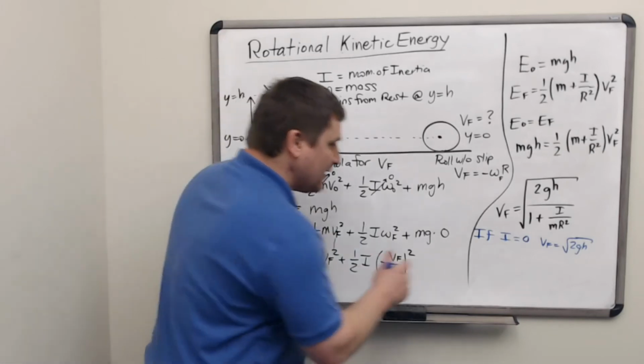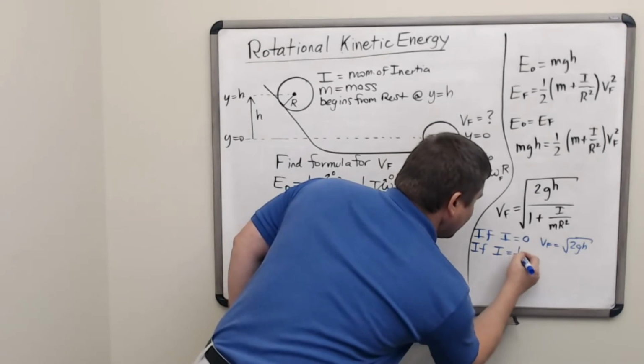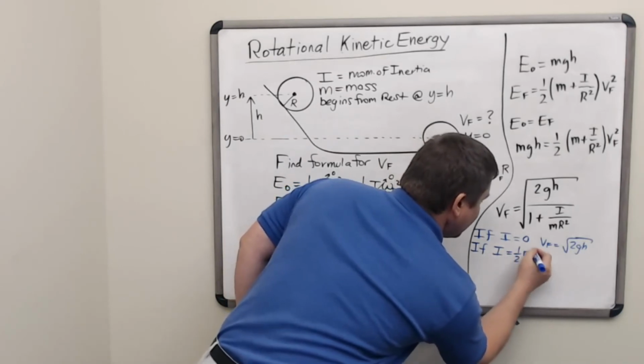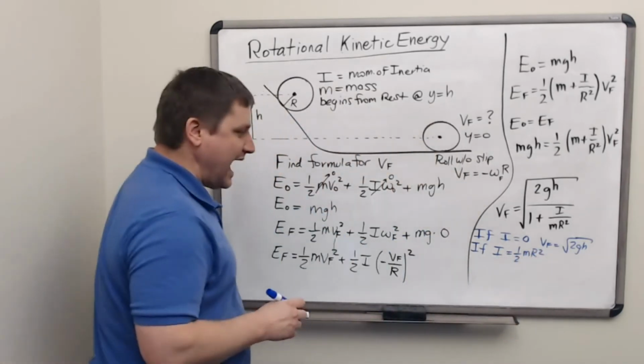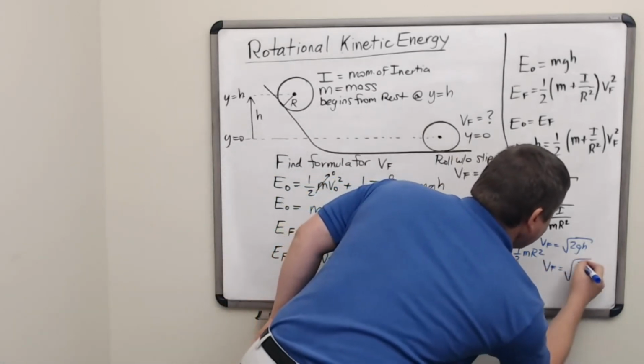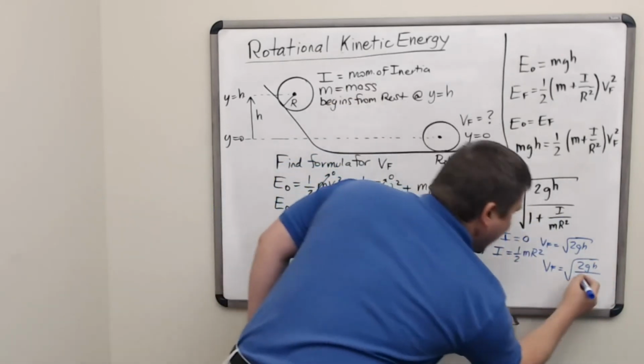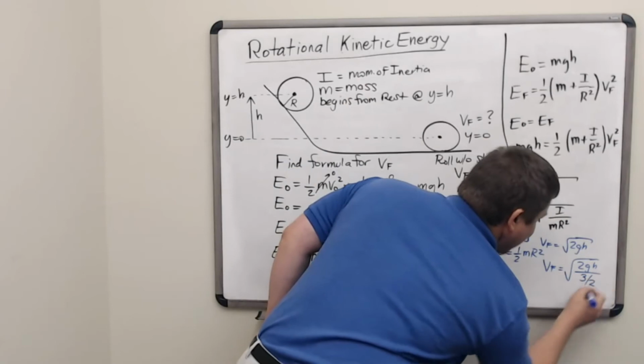If we use the formula for moment of inertia of a cylinder, 1/2 mr squared, then our final velocity will be the square root of 2gh divided by 1 plus 1/2, so 3/2.